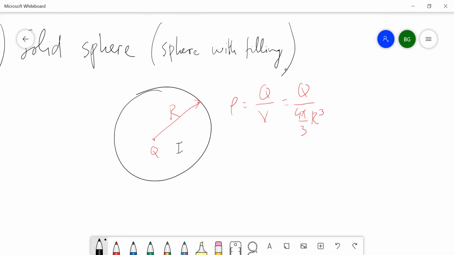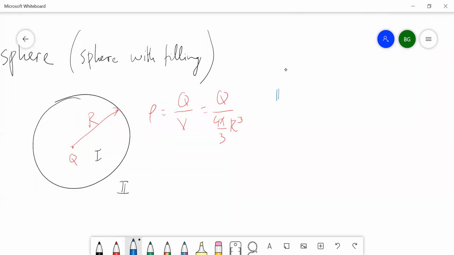The second region is r greater than or equal to capital R. So we apply Gauss's law outside the sphere. This is the Gauss surface, which is also a sphere.